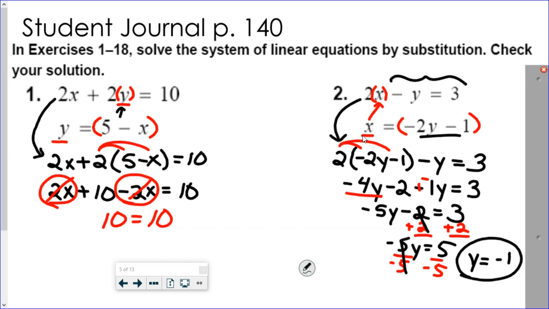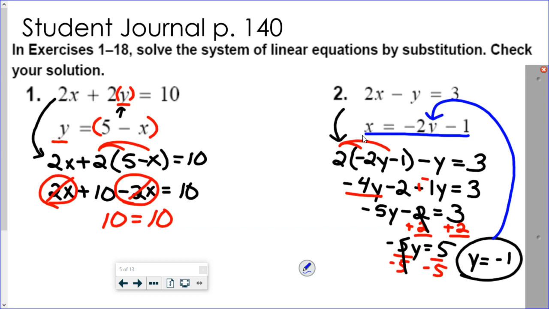So now I pick either one of these equations, and I'm going to erase them so you can kind of see. And usually I pick the equation that has a variable by itself, like this one. So I'm going to put that in place of y. So I'll do that over here. So x equals -2 times y, which is -1, minus 1. -2 times -1 is 2. 2 minus 1 is just 1.